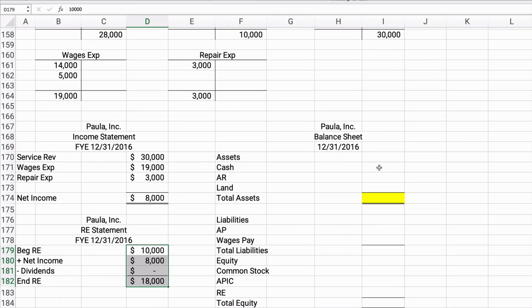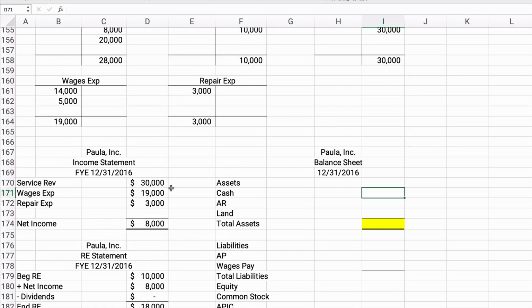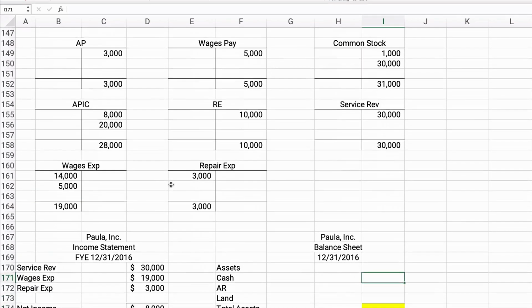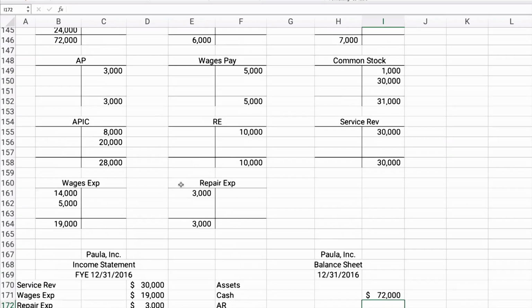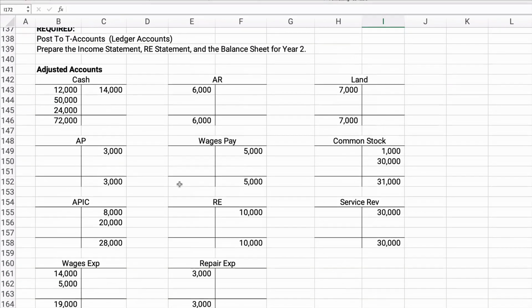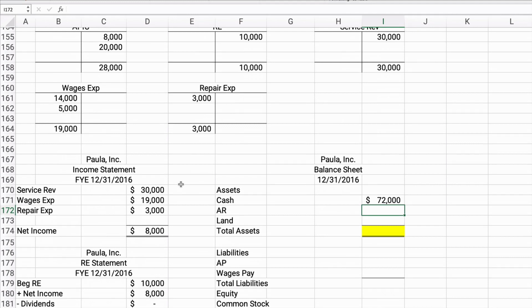We have a couple of assets. Cash is going to be $72,000. Our accounts receivable is $6,000, and our land is $7,000. So our total assets are going to be $85,000.